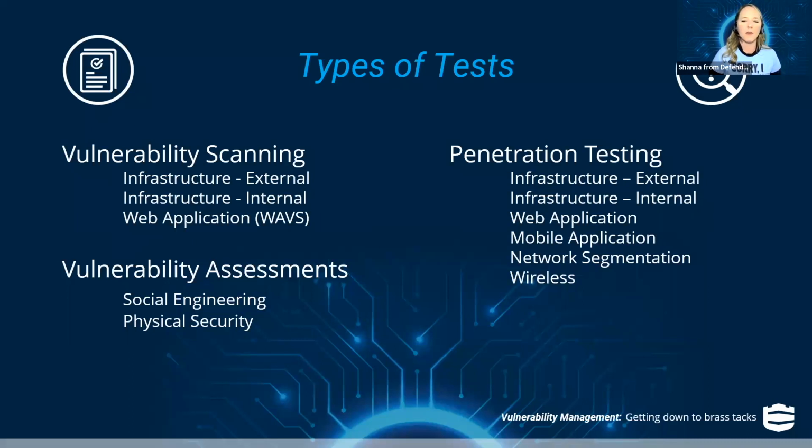So some examples of things that might be included in a vulnerability assessment are asset inventories, which I know is a big pain point for a lot of IT professionals. Just knowing what you have that you need to protect is half the battle with a lot of people that we're talking to.